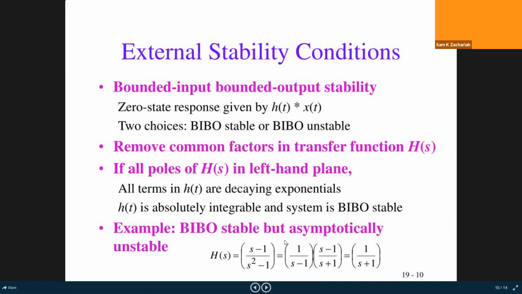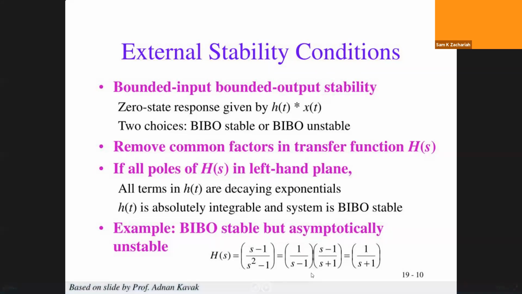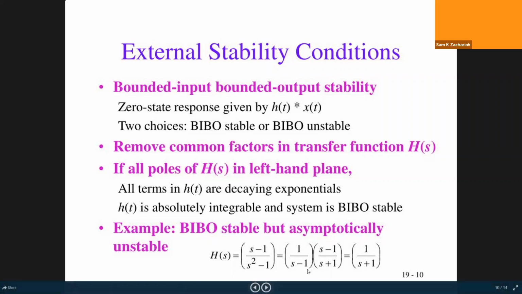The steps are, first, we are taking a peculiar case to differentiate between the response due to a finite initial state as well as the response due to input. You consider such a system: 1 by s minus 1 is equal to s minus 1 divided by s plus 1. Assume that this is the system transfer function.